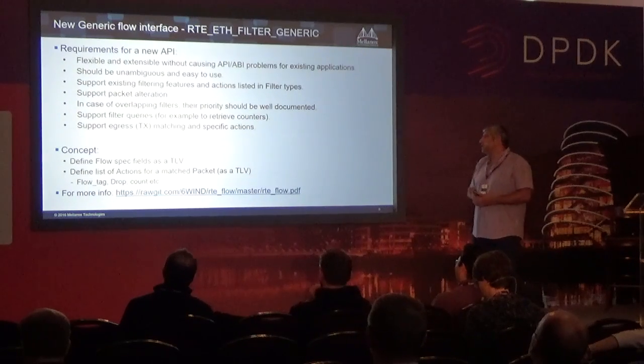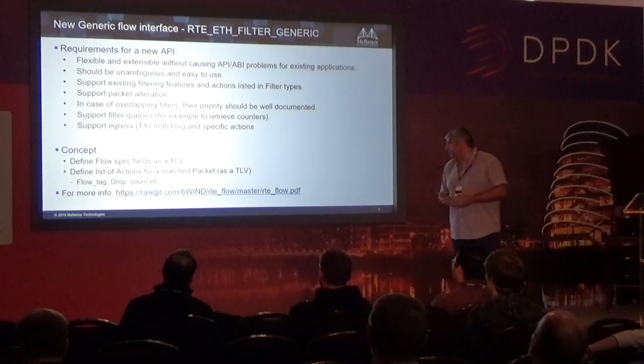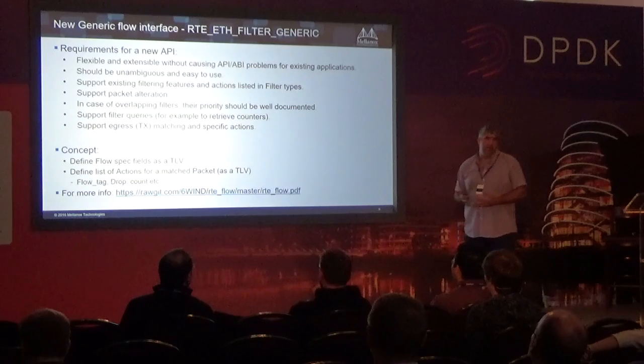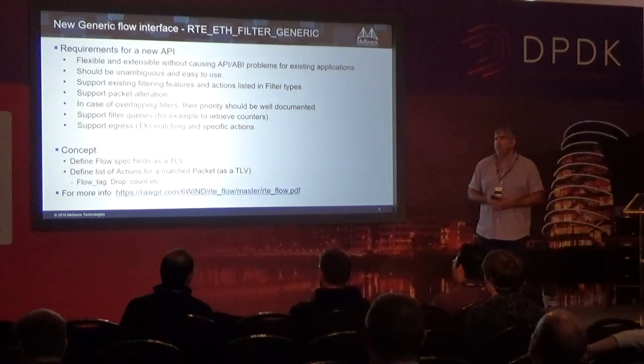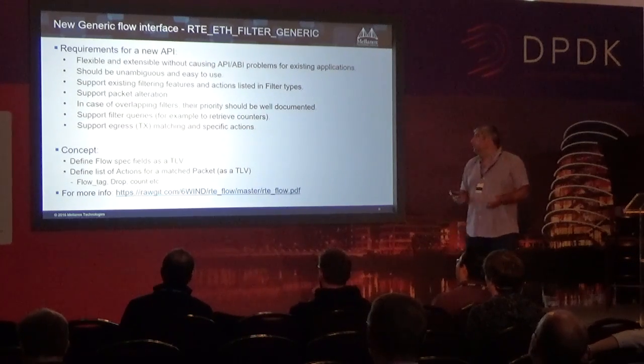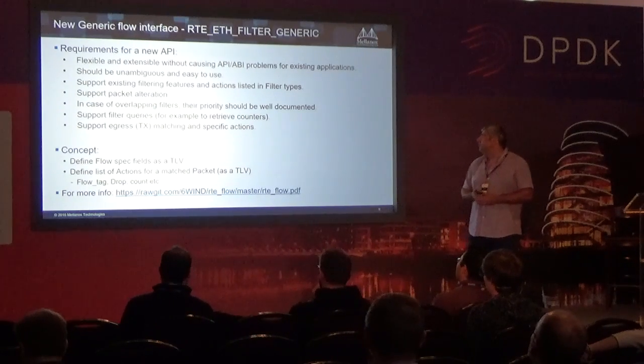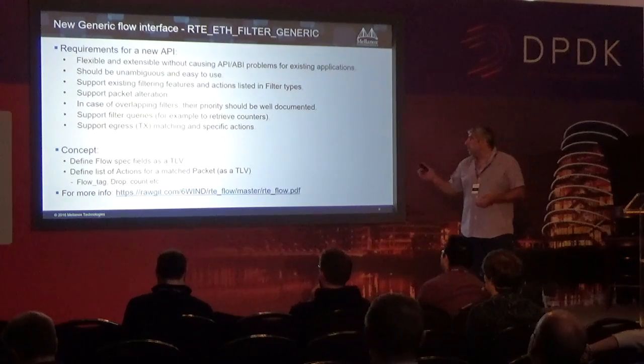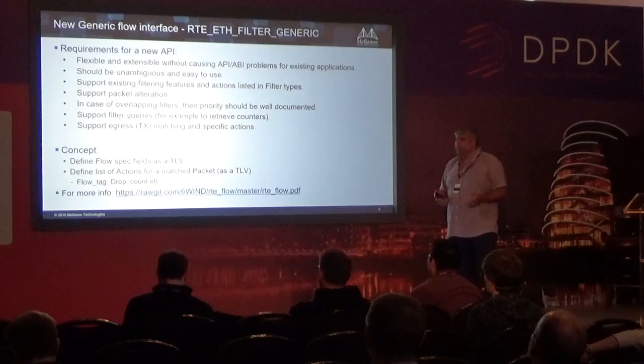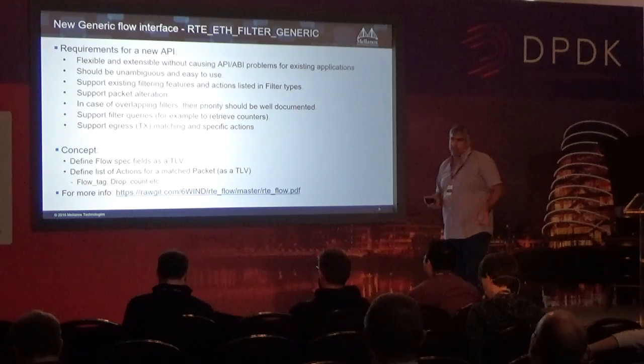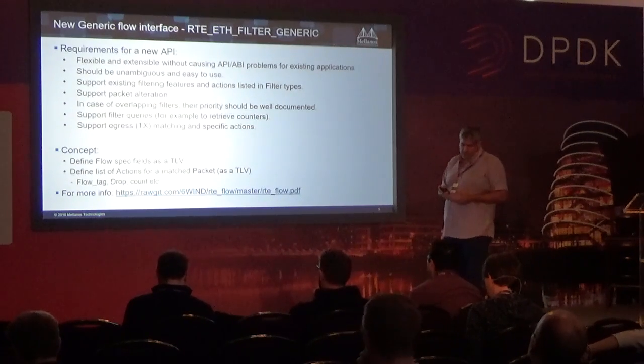So this is 6WIND work that Adrien is working on, which I think everybody is familiar with. It is called the new generic flow interface API. The requirement is that it will be extensible and cover all the hardware.